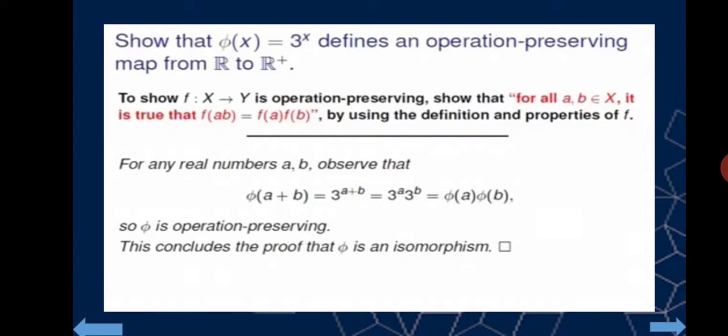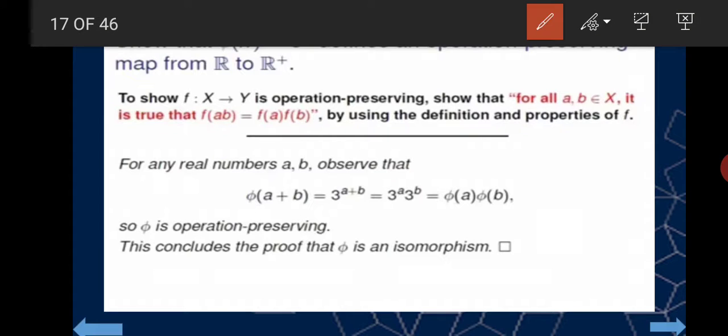And last, we're going to show that the function from X to Y is operation preserving. We're going to show that for all a, b an element of X, it is true that f of a b is equal to f of a f of b, using the definition and properties of f.